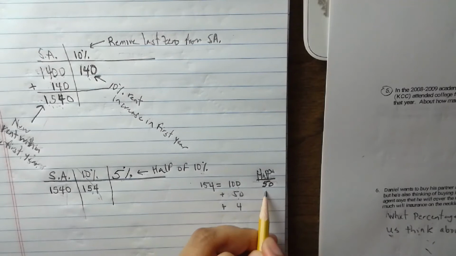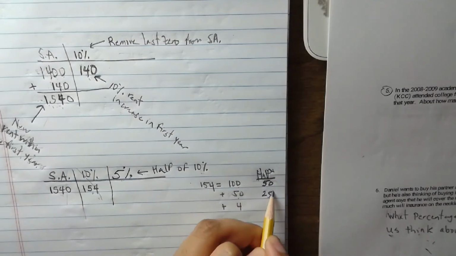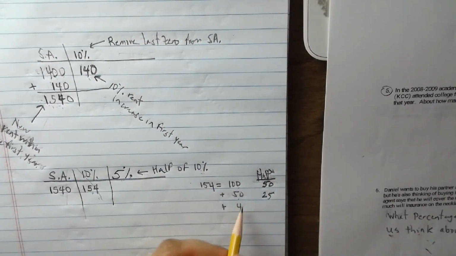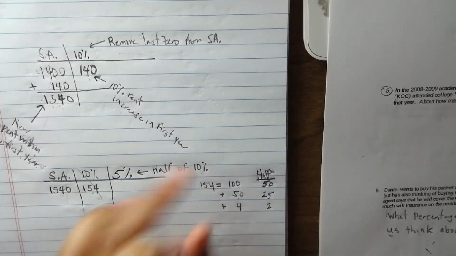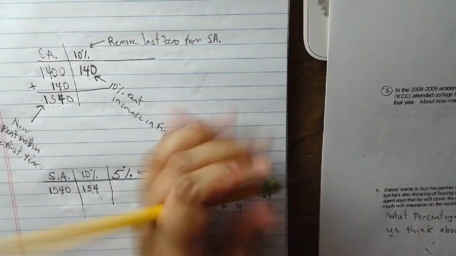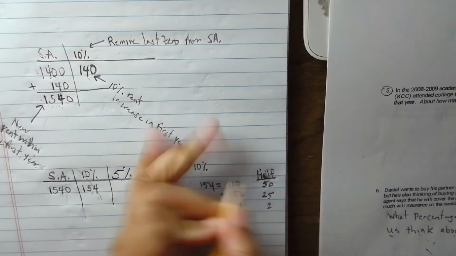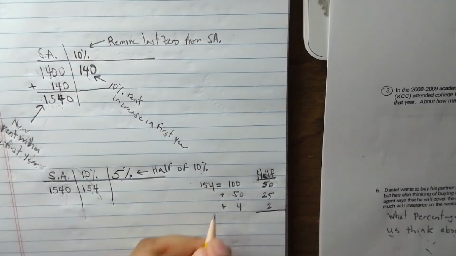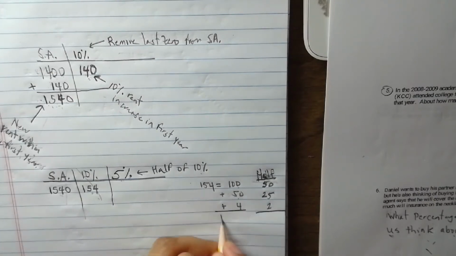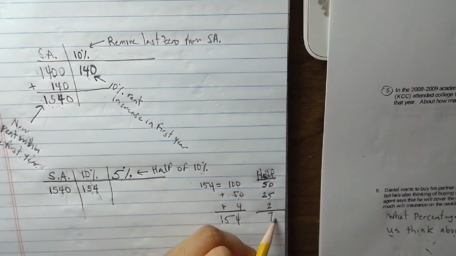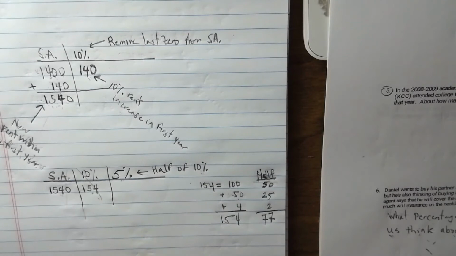Half of 50 is 25, and half of 4 is 2, right? So in total, half of this would be 77. So 77 is actually half of 154.